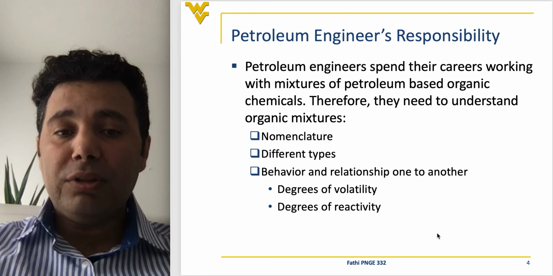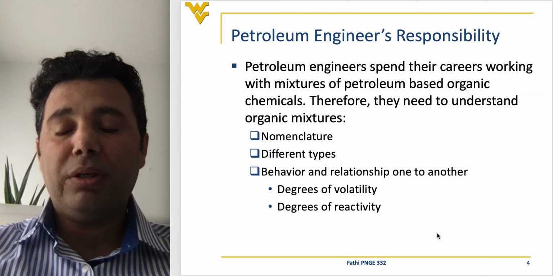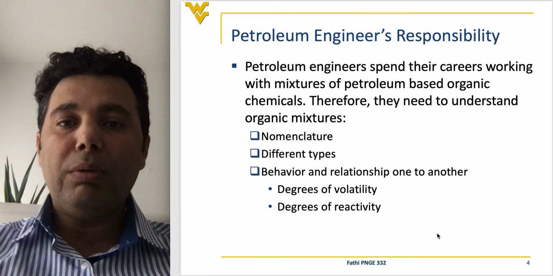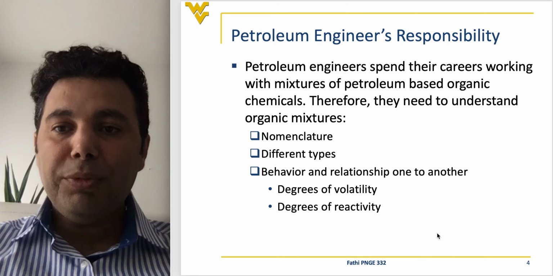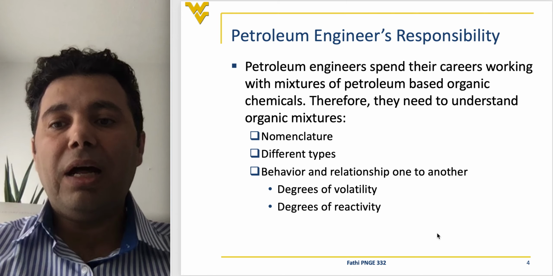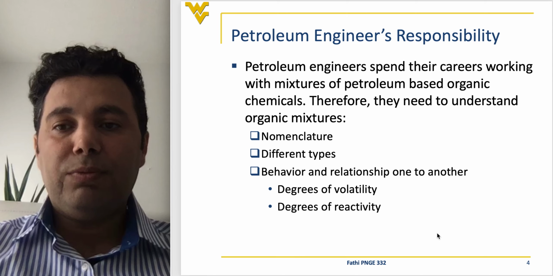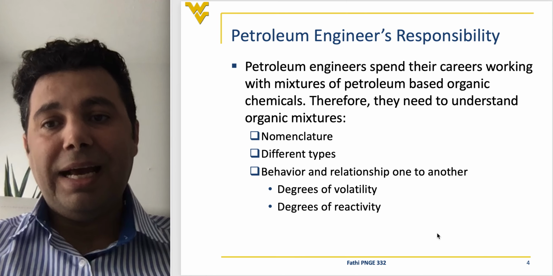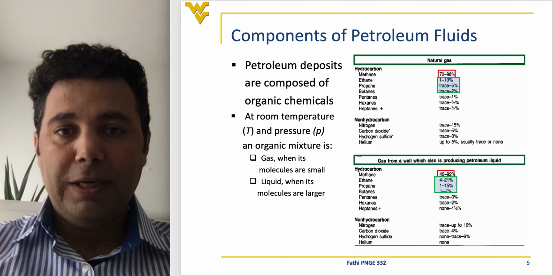What's the degree of volatility, what is the degree of reactivity of these components, and so on. So we need to know all about this. When we know all about our product, then we need to do something to maximize our benefit. So how you can sell this to get the maximum benefit for your company becomes the next discussion in this class.